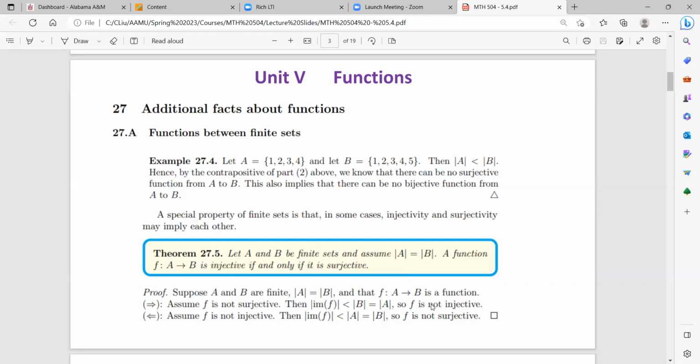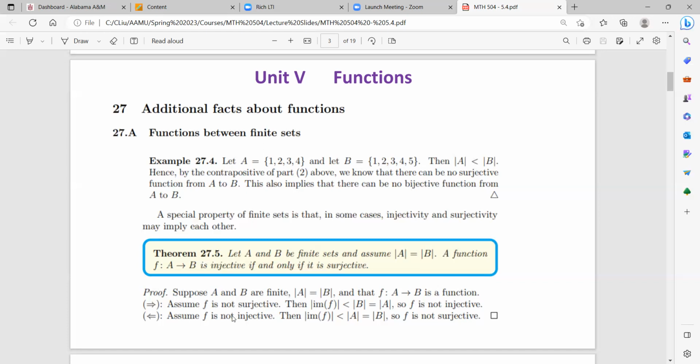So F is not injective, since the image of the function is smaller than the domain. That means there are some elements in the domain mapping to the same element in B. Okay, so that's a contradiction. So that means F has to be surjective.